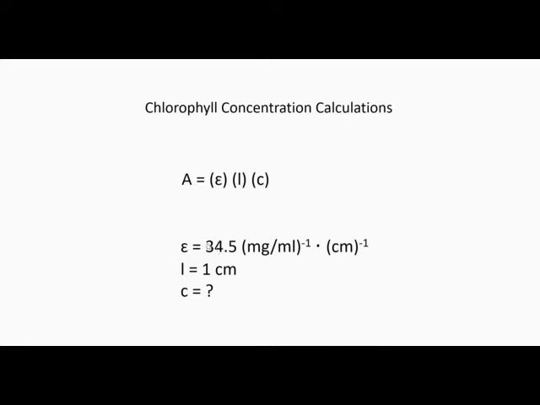We already have values. You were given this value in the lab manual for the extinction coefficient, and the path length was 1 centimeter. The last secret ingredient we need to figure out what our concentration is, is that absorbance that I collected in the last video, 0.63.